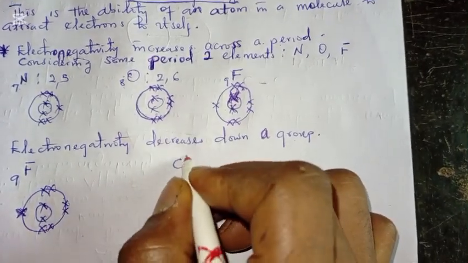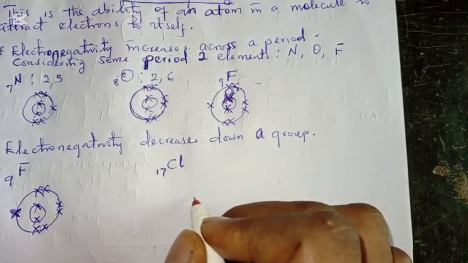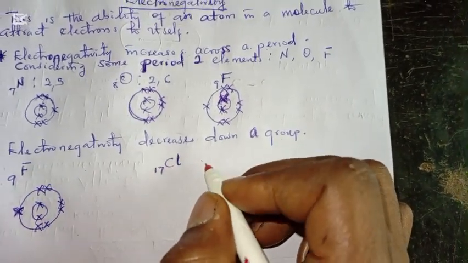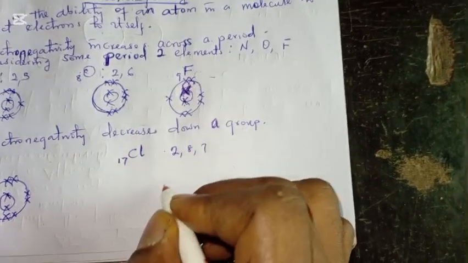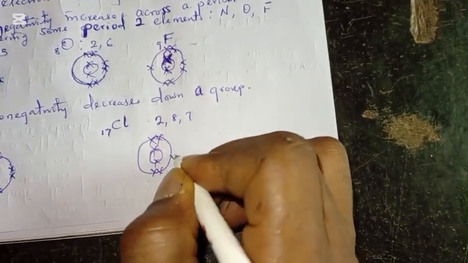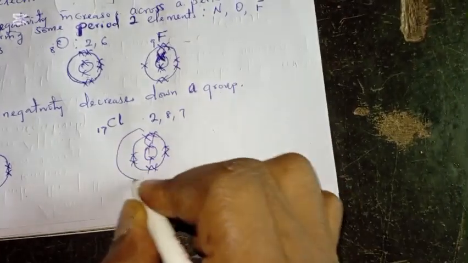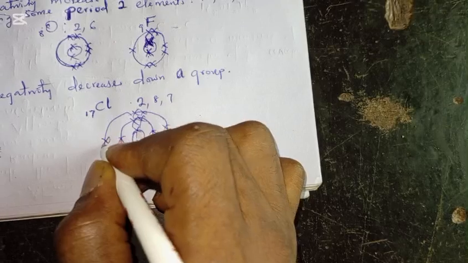And chlorine has 17 electrons. So distributing that based on its electronic configuration, shell-wise, we have 2, 8, 7. That is 2 for the first shell, 8 for the second shell, and 7 for the last shell.